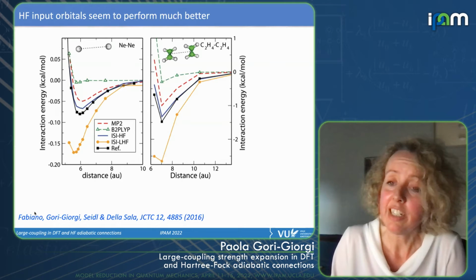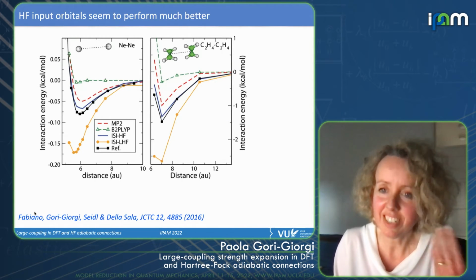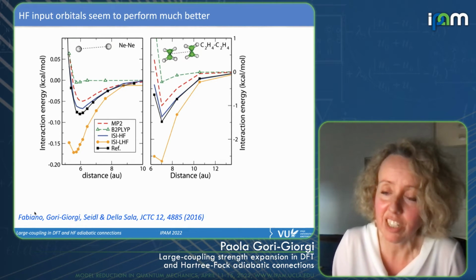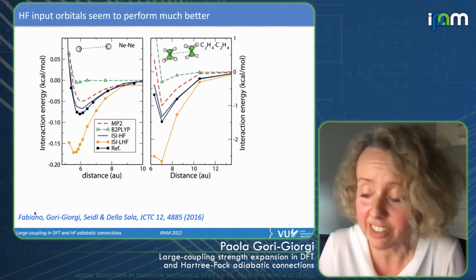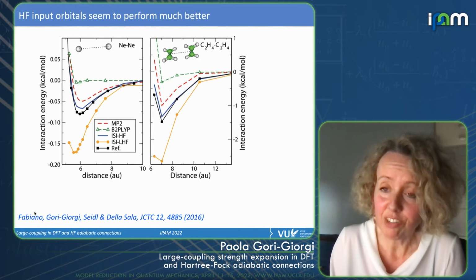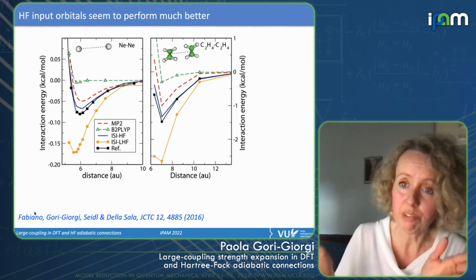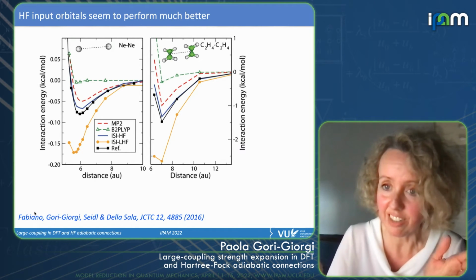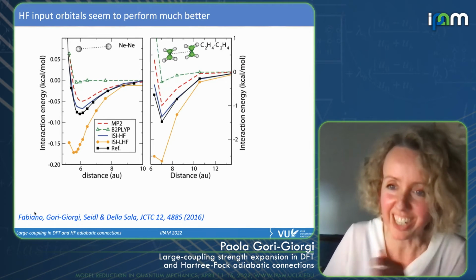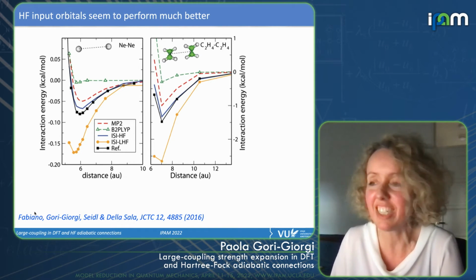Quite surprisingly, if you take these same interpolation formulas with this same gradient expansion or GGAs for the large coupling functionals, you get a very good result if you just take the Hartree-Fock orbitals and the Hartree-Fock density and put them in the formulas. So you take the MP2 correlation energy, second order, and you take the Hartree-Fock density.